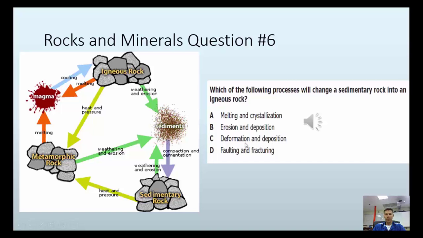Deformation and deposition, very likely another way you would be getting some sedimentary rocks. Faulting and fracturing, no. The only way that we can turn a sedimentary rock back to an igneous rock is to melt it back to lava and magma. And our answer would be A, melting and crystallization.